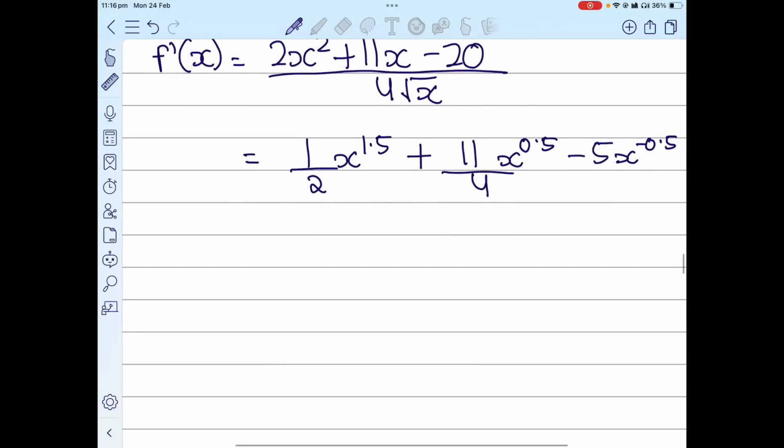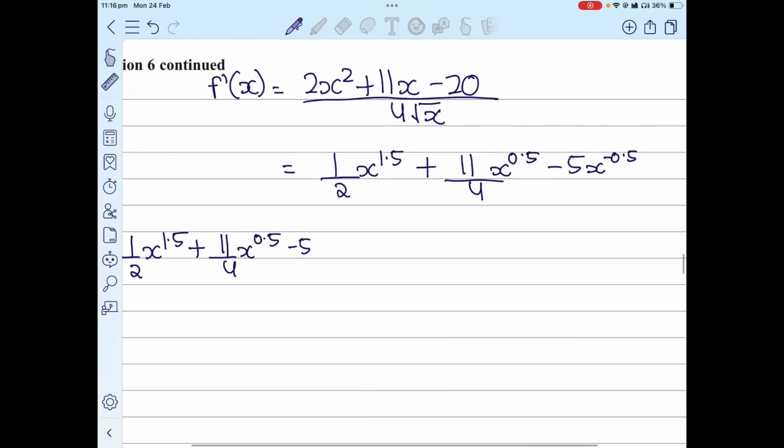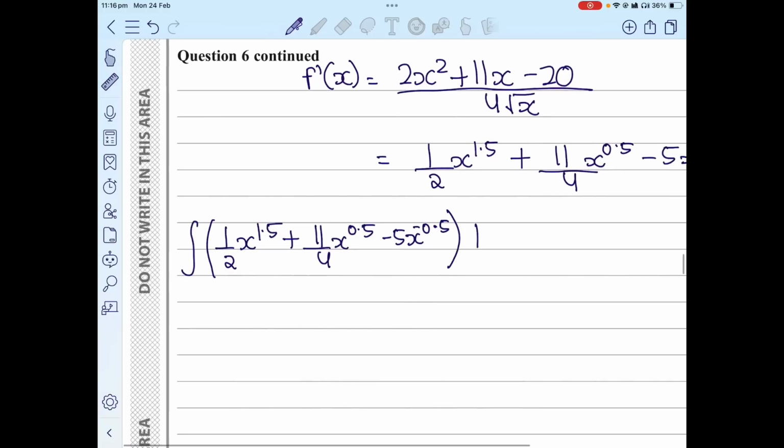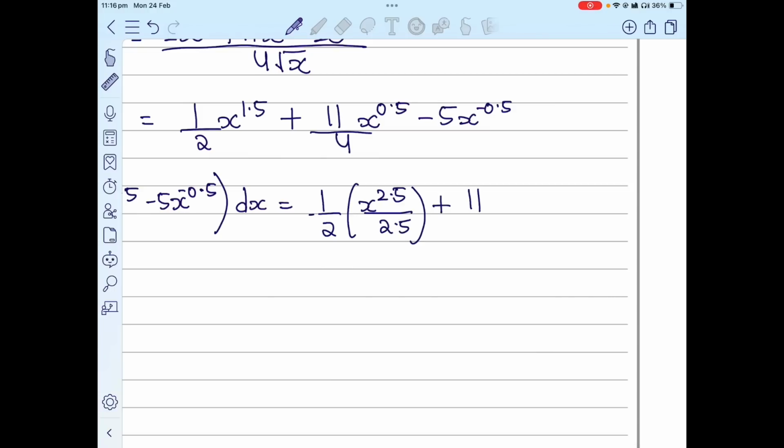Now what we've got to do is integrate this. When we integrate 1 over 2 x raised to 1.5 plus 11 over 4 x raised to 0.5 minus 5 x raised to negative 0.5, f of x will be given as 1 over 2 x raised to 2.5 divided by 2.5, plus 11 over 4 x raised to 1.5 divided by 1.5, minus 5 into x raised to half divided by half.